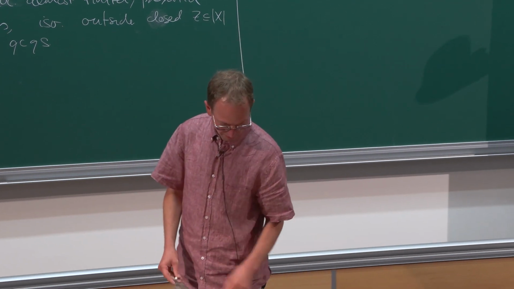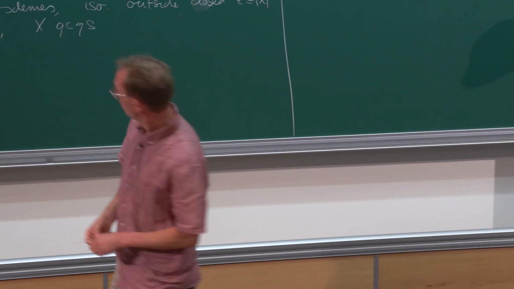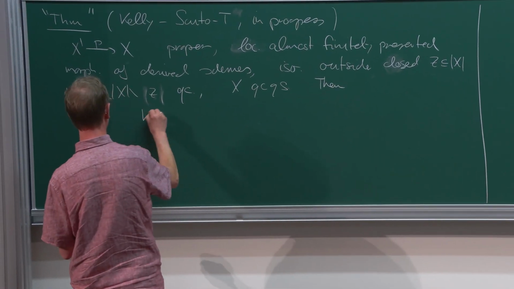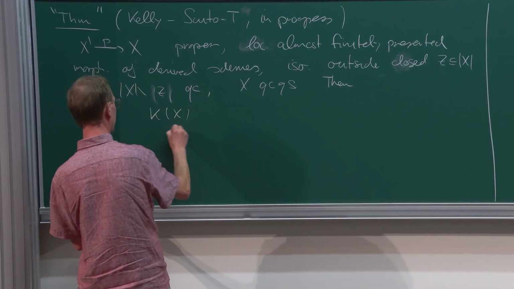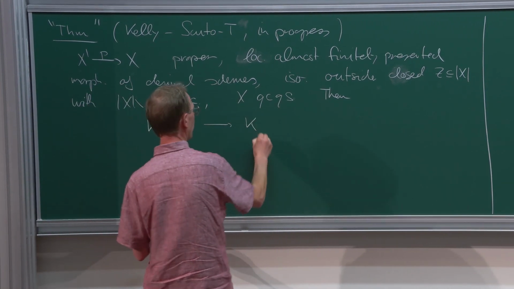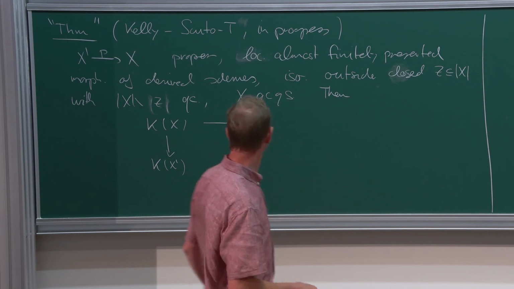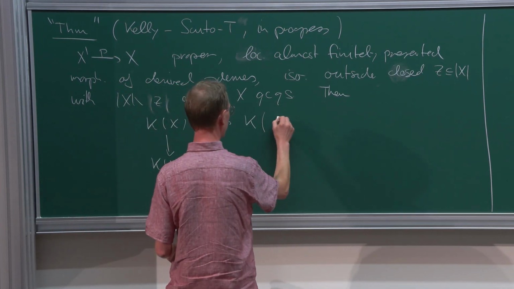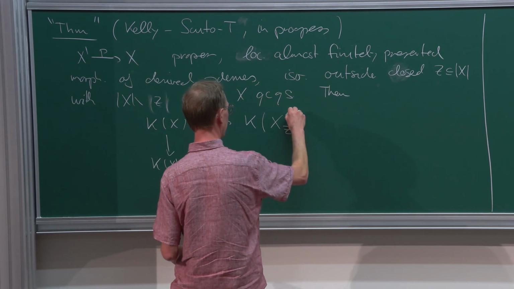The proof of the theorem that I have not written, namely then the square K of X to K of X prime. And now here's the replacement for this system, it's the same thing, just the notation changed, basically.